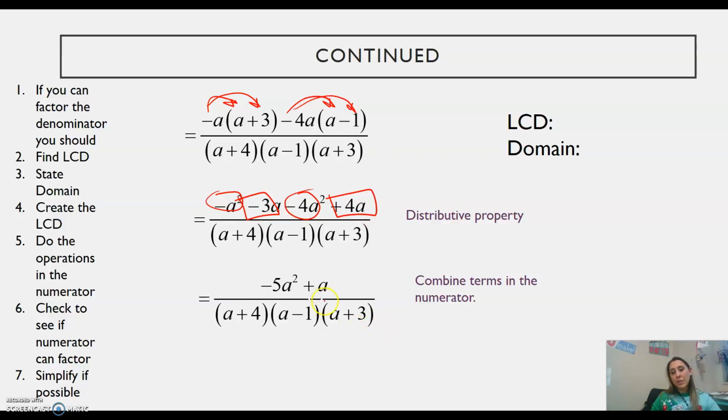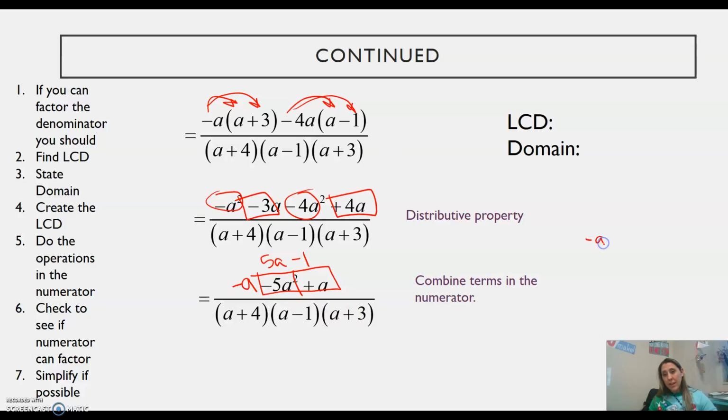The last thing I want to do is make sure if I factor this, can I write it in lowest terms? So I'm going to check. It looks like I can factor out a negative a, and then I end up with 5a minus 1. And so if I have that, I'm going to write that over here.